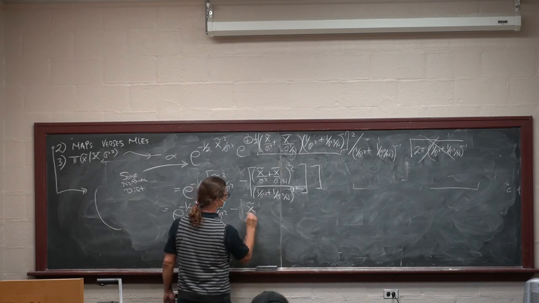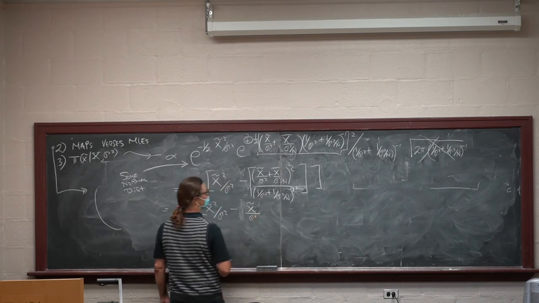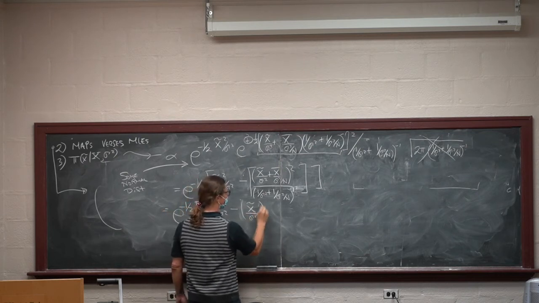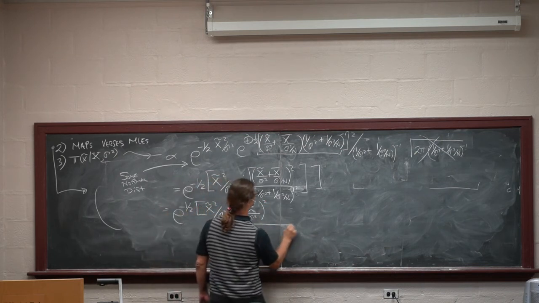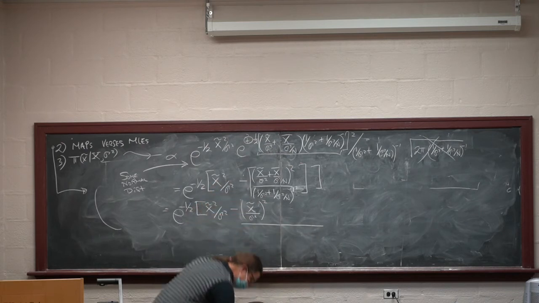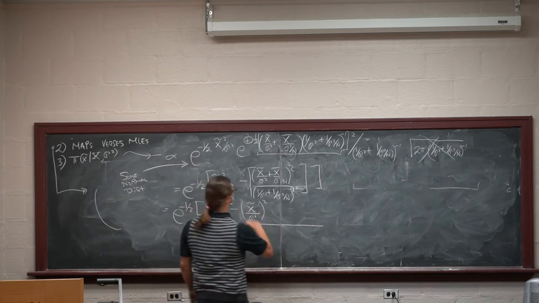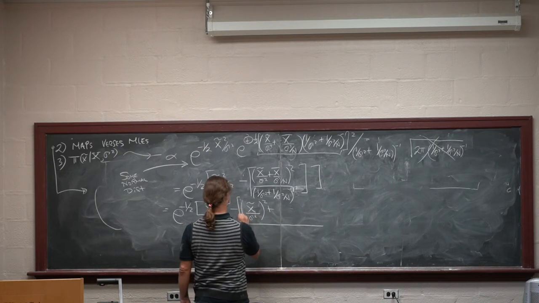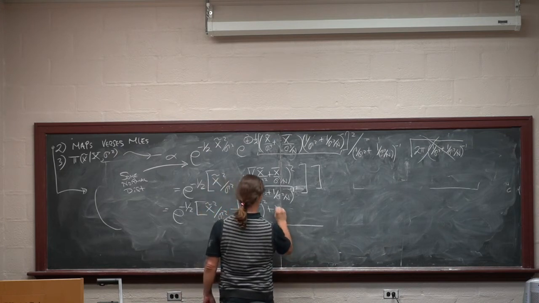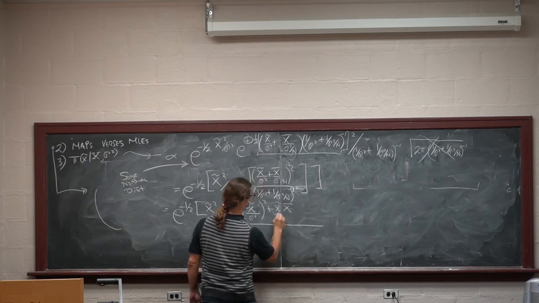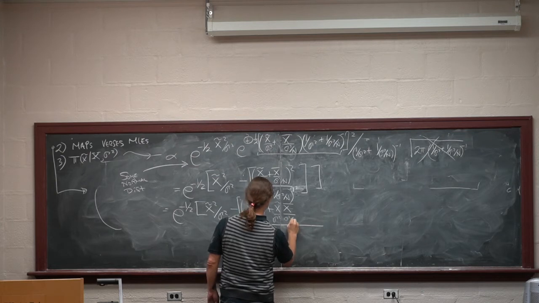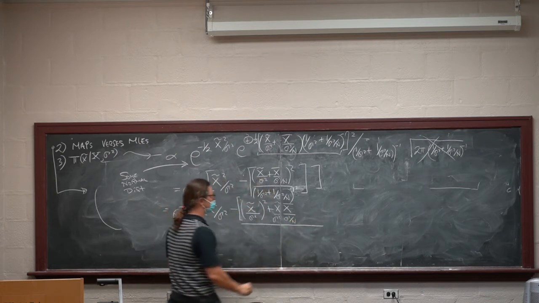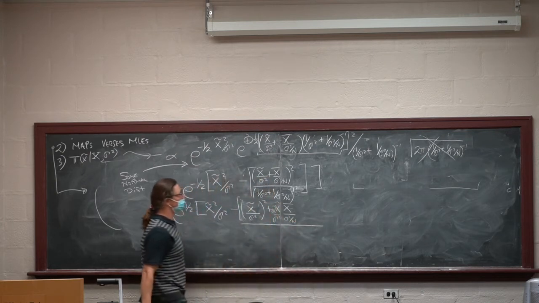So x tilde sigma squared, let's just write these out as squared terms right here. Plus x tilde x bar. It's going to be sigma squared over sigma squared over n. There's two of those.